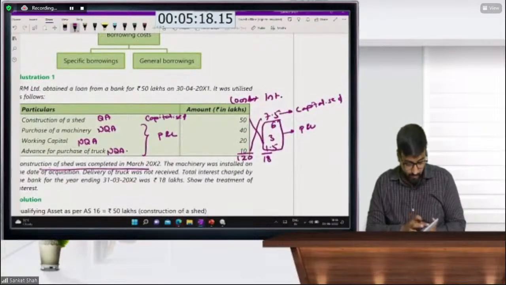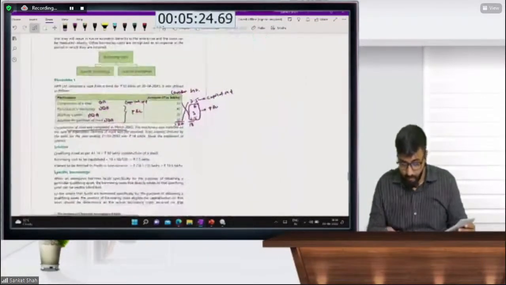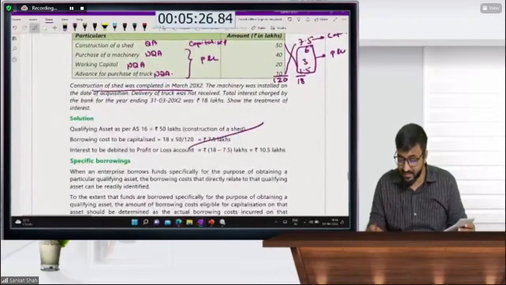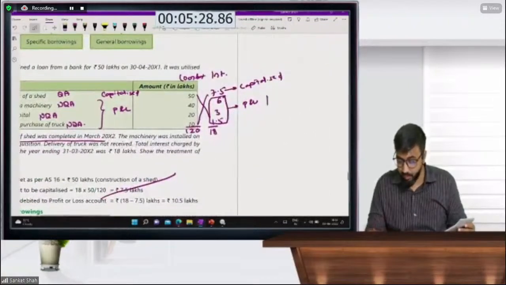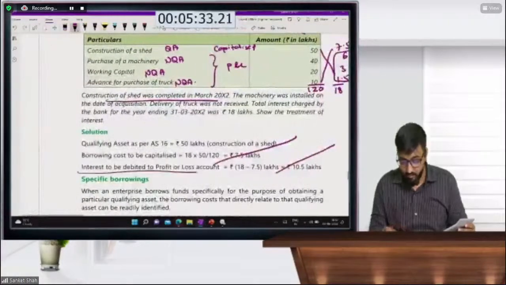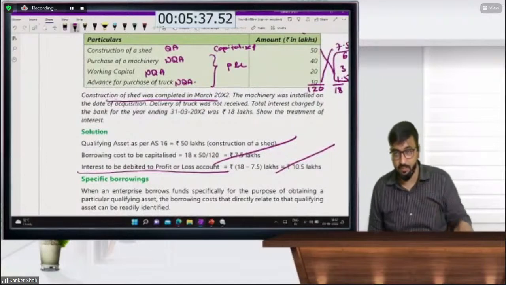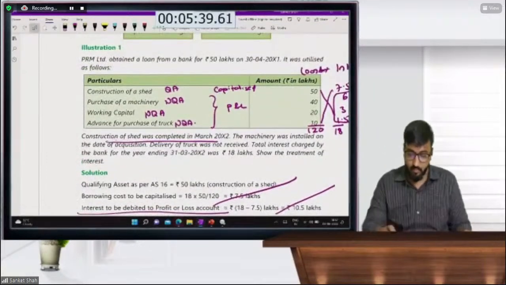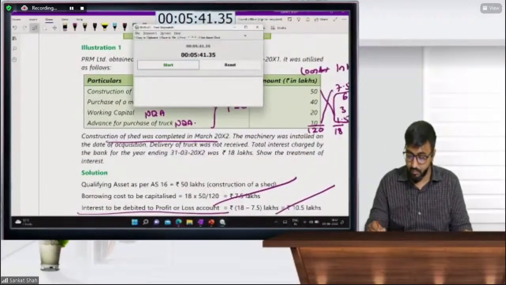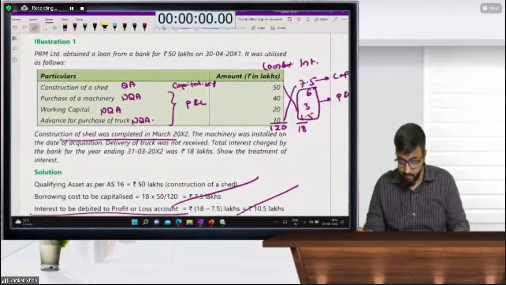So 7.5 is to be capitalized, and 10.5 is debited to profit and loss account. Very, very simple question, sir. Very, very simple question. Got the concept? Yes, got the concept or not?